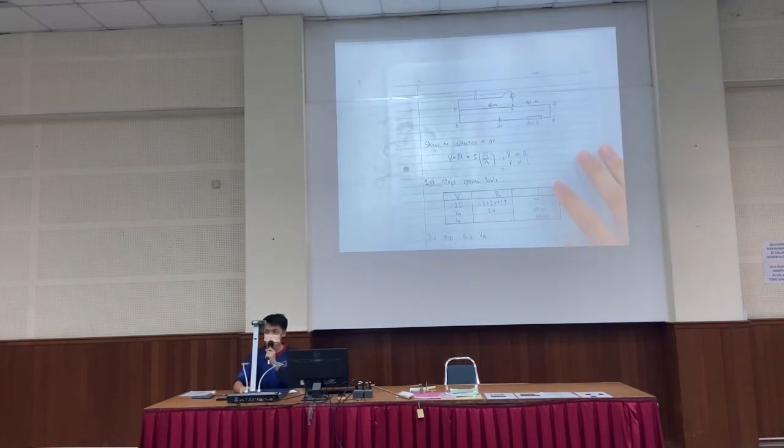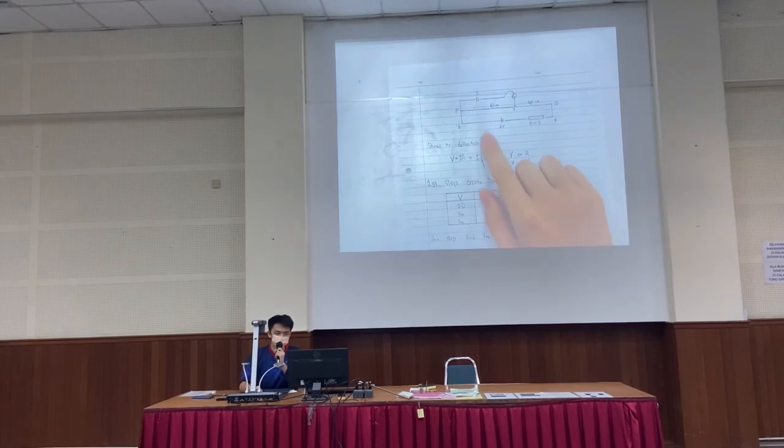Can you guys see clearly? Alright. So I have drawn my circuit again, and no deflection means 0 volt. Here we have to use two formulas, because we will compare two things in this question.